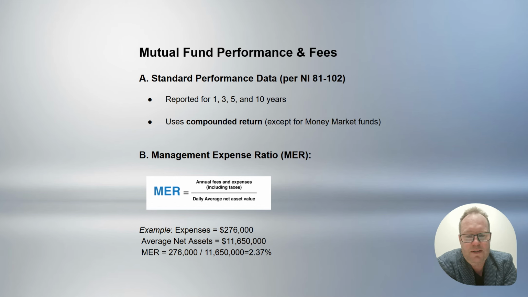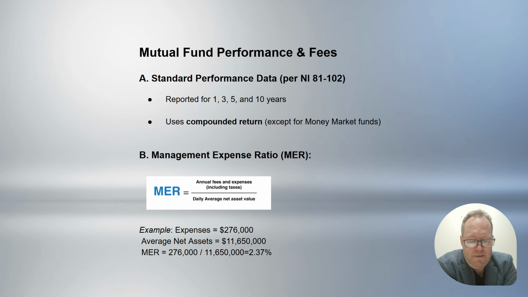That would tell us, and we would have to disclose, that the MER, or the management expense ratio, of this mutual fund is 2.37%. So if a mutual fund earned a 5% return, but had a charge of 2.37%, the actual investor's return would only be 2.63%.